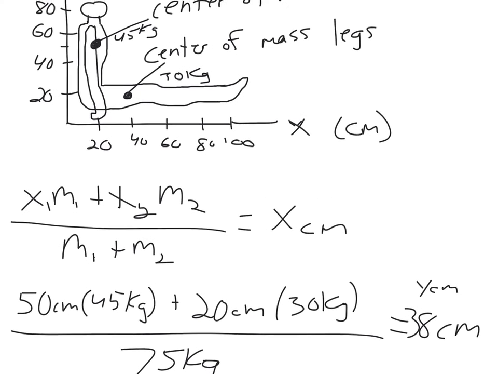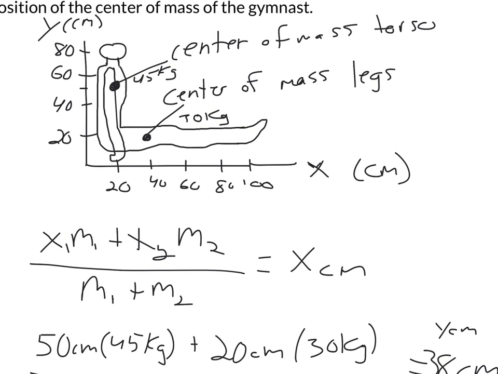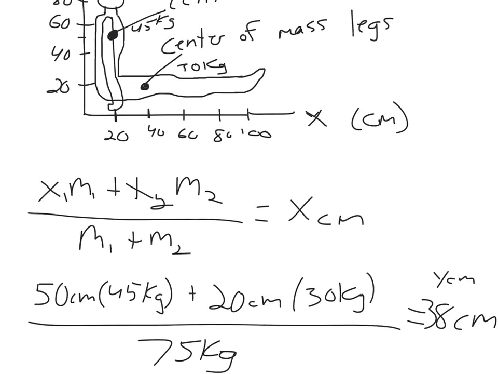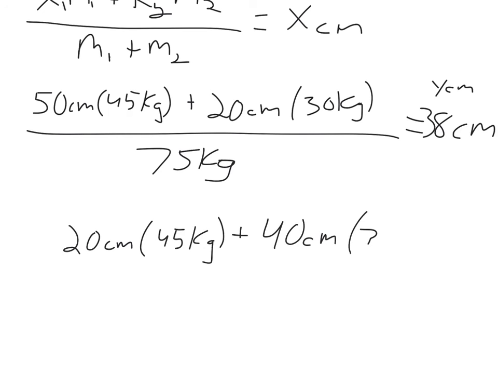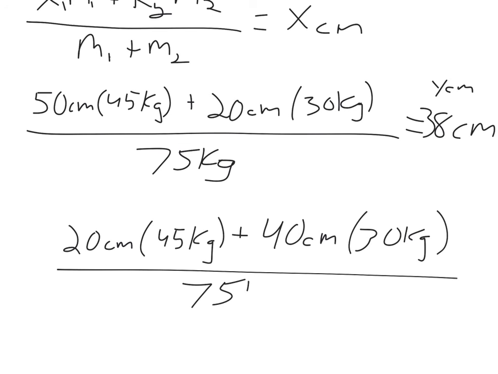Now, when I go for the x coordinates, if I look at the chest coordinate, the torso coordinate, that looks right at about 20, and if I look at the legs coordinate, that's right at about 40. So let's plug those in. I'm going to have 20 was the chest coordinate, and the chest is a 45 kilogram chest, plus 40 was the legs coordinate and 30 kilogram legs, divided by a total mass of 75 kilograms.